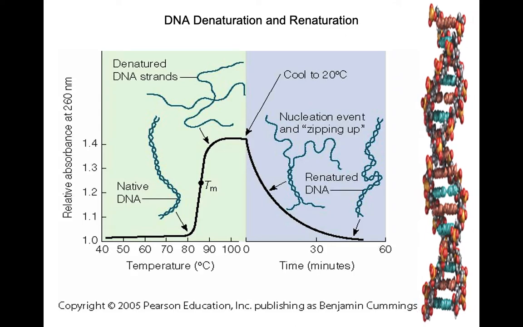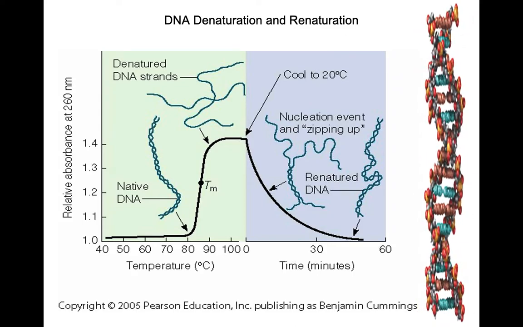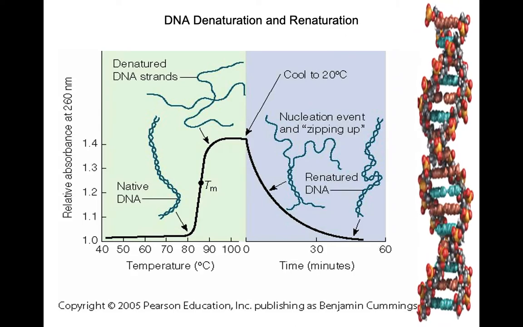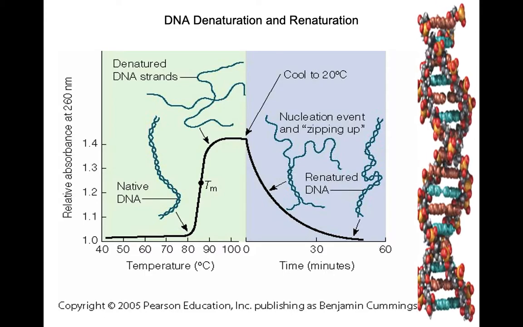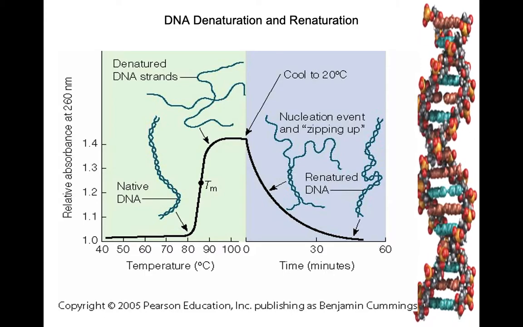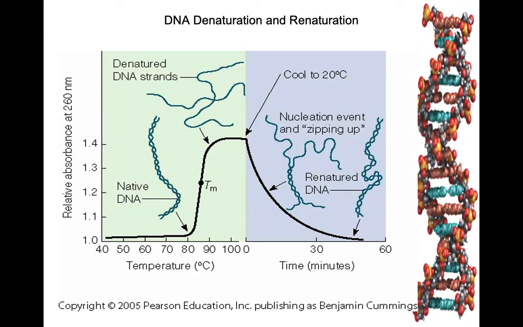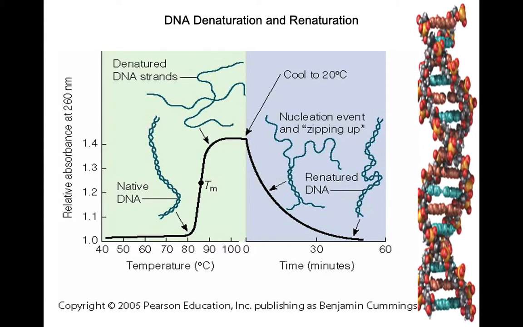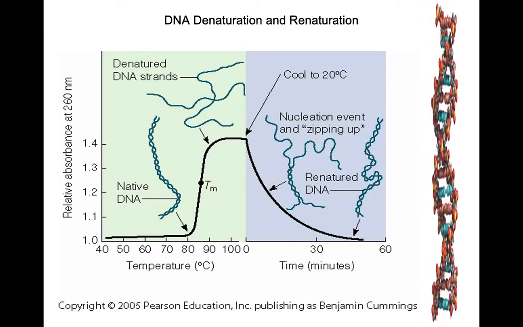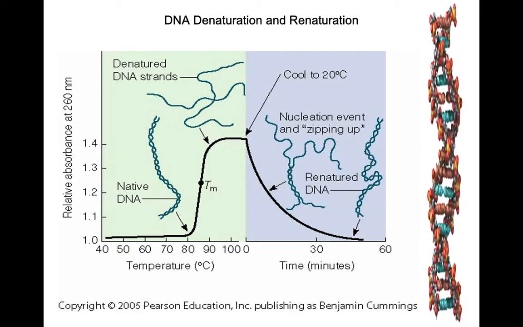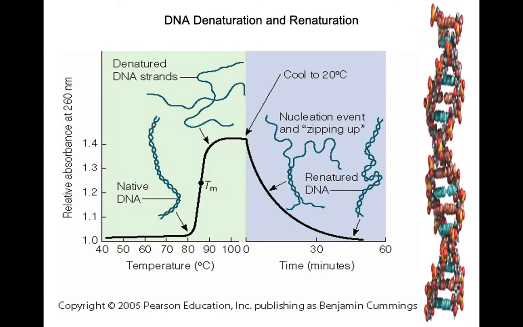Another important note I want to share with you is that this feature of the DNA, its capacity to denature and renature, has been utilized by techniques such as polymerase chain reaction.